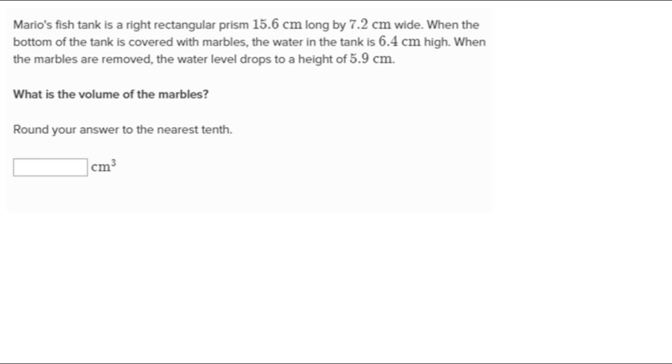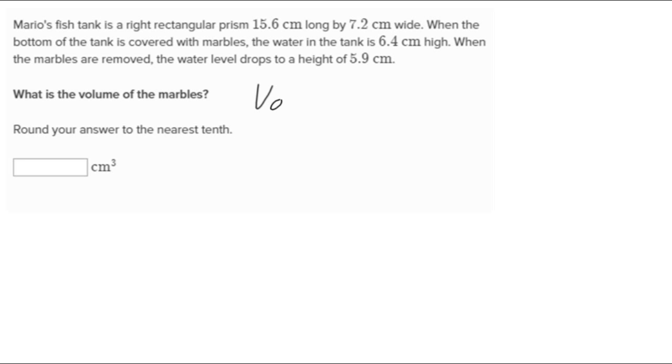Again, pause it, read it, do it, and then check your answer by hitting play. In this problem, we need to figure out what the volume with marbles is.